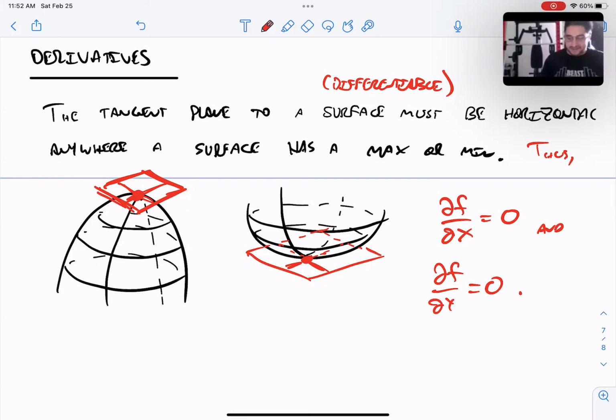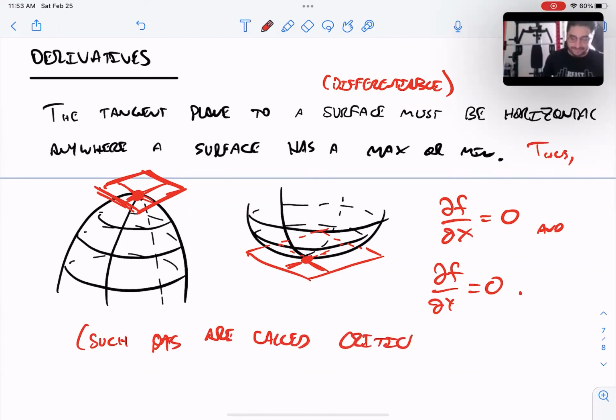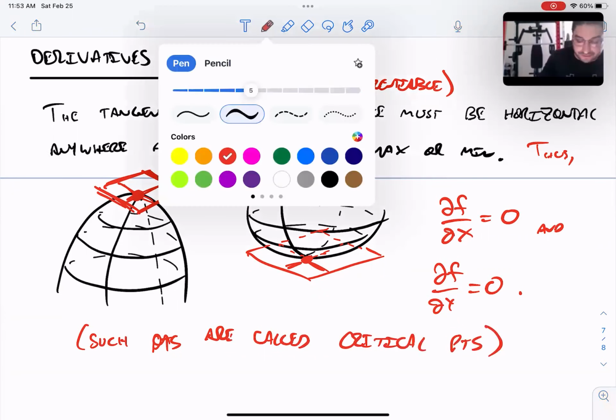Just like in Calc 1, where the partials are 0, such points are typically called critical points.